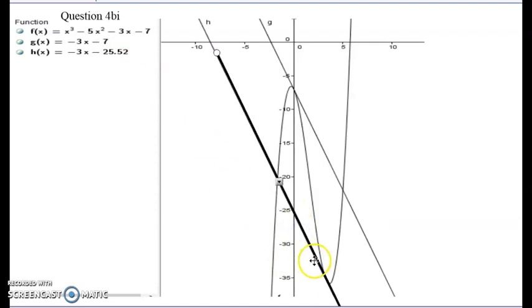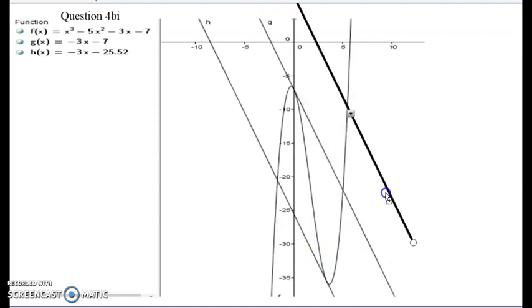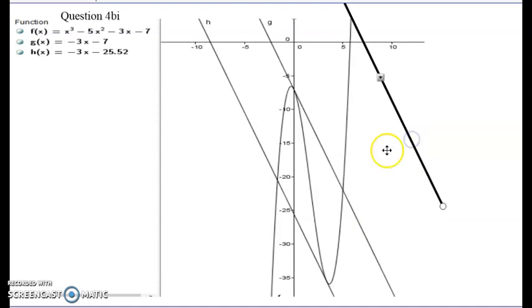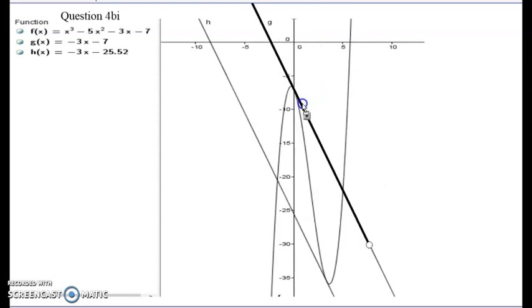Okay, so the line needs to remain parallel to the one whose gradient is negative 3 and cuts at positive 8. So if I draw this line down, the first tangent will be at negative 7 and the other one will be at negative 25/52.